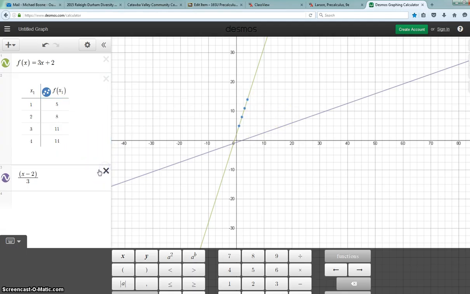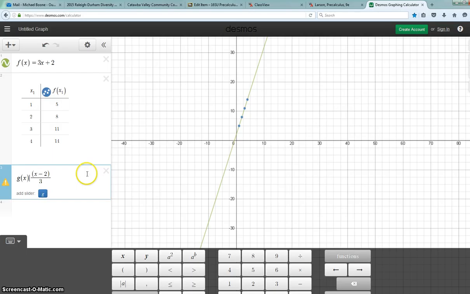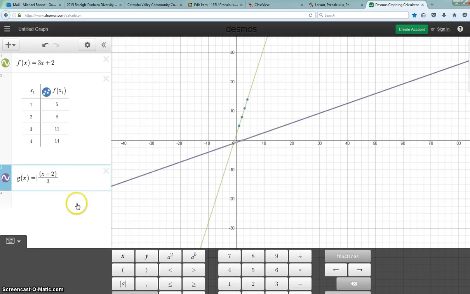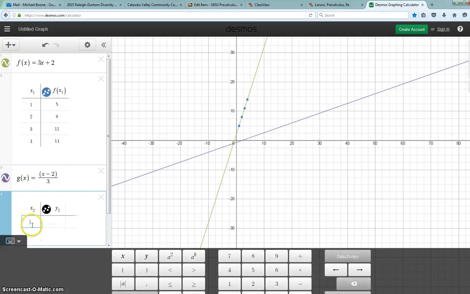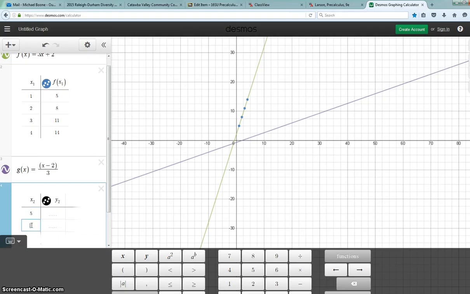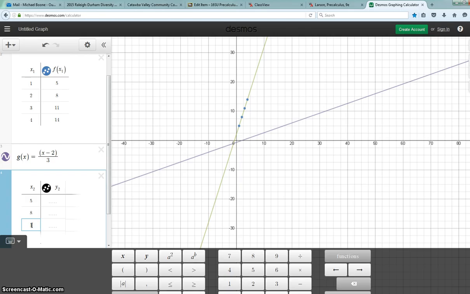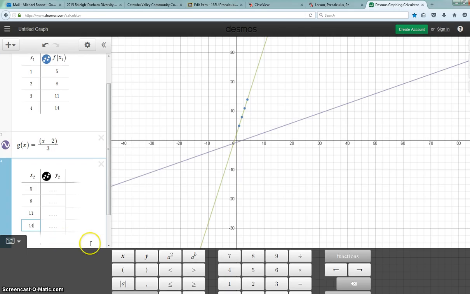Well, when I do a table for my inverse function, I'm going to call it g of x. We will notice that its table looks similar to its inverse's table. I'm going to type in 5, 8, 11, and 14. Let's see what my y values would be for g of x.